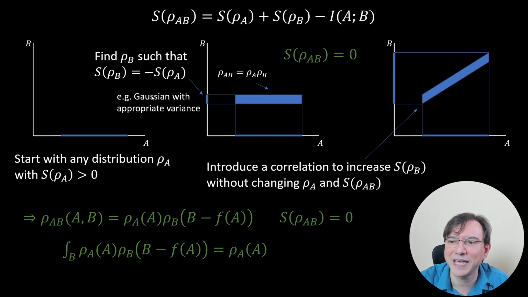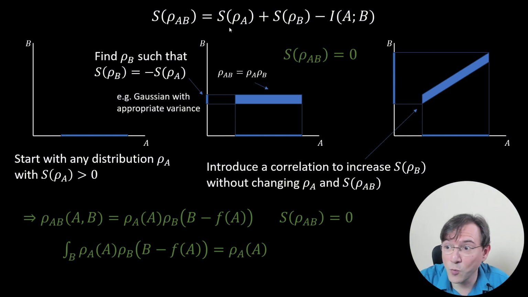For example, you could take a Gaussian and modulate the variance, and you're going to get exactly one that matches the correct entropy. Now we take the product of the two marginals, and we have a joint distribution that is the product of rho A and rho B. Of course, this is going to have an entropy that is zero, because in this case A and B are independent, so the mutual information is zero, and therefore we just have the sum, but the entropy of B is minus the entropy of A, so the joint is zero.